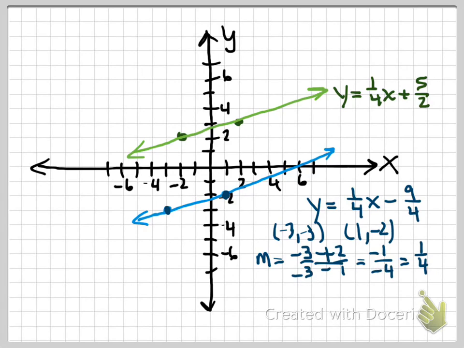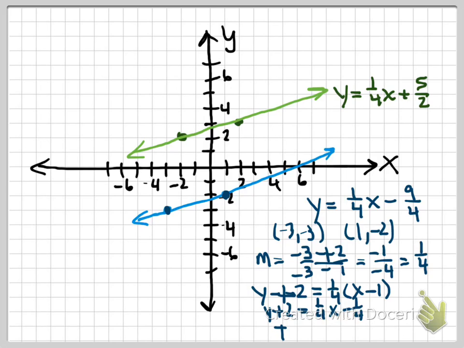So then, it doesn't matter which pair, I'm going to take the one that has the 1, -2. So y take away the y coordinate of -2 equals 1/4 times the quantity x minus the x coordinate. So then that's y plus 2. So I get y plus 2 equals 1/4 x minus 1/4.